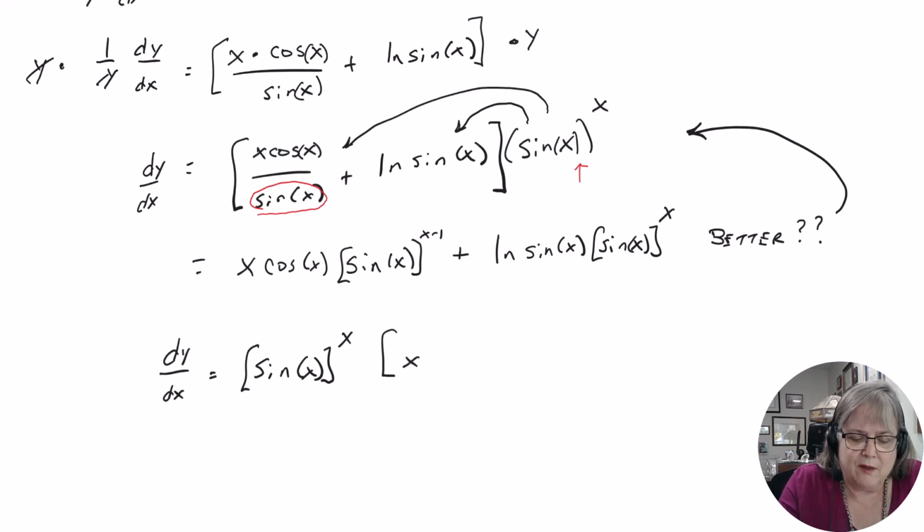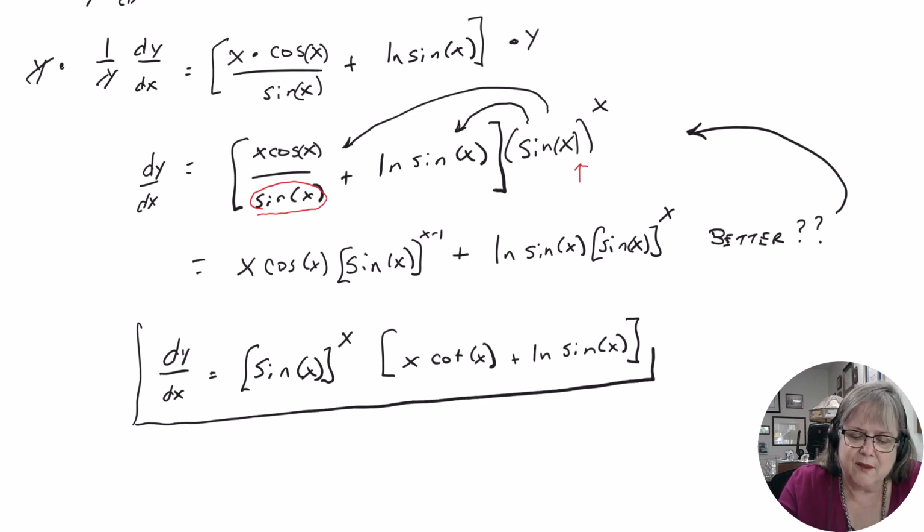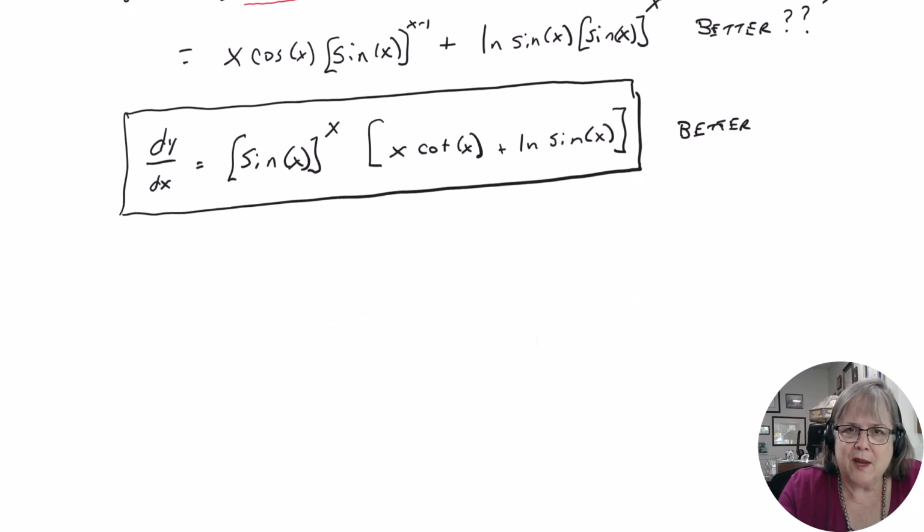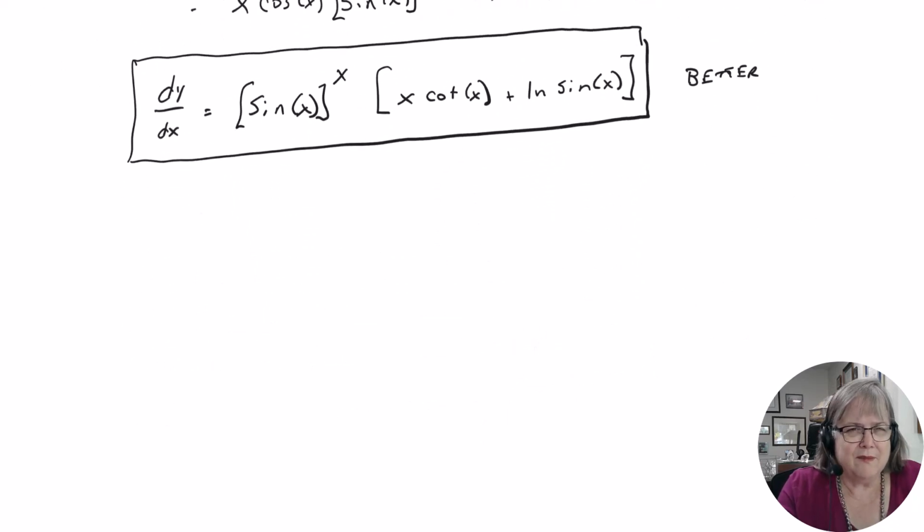And I'm going to go ahead and convert this to cotangent and leave this as the natural log of sine of x. And I think this is about as good as I can get it, because I do think that this, after you change the other thing to cotangent, is better. Okay, so this is better. But sometimes I think as teachers, we don't show you that it's okay to try something and go, no, and back up.